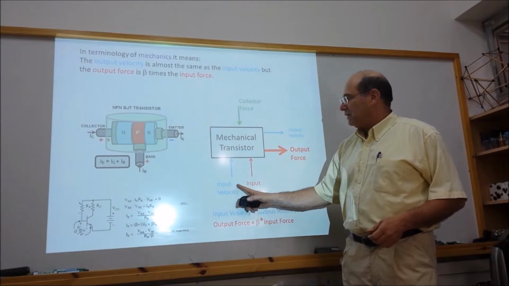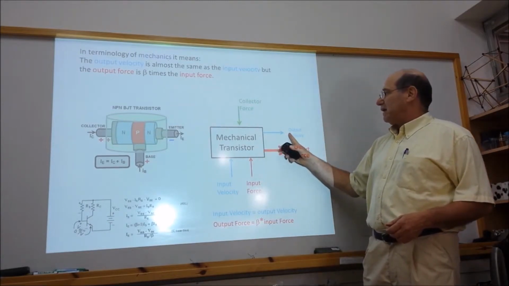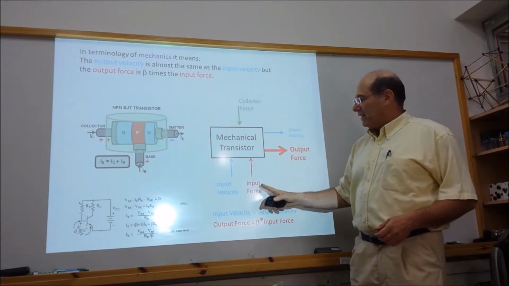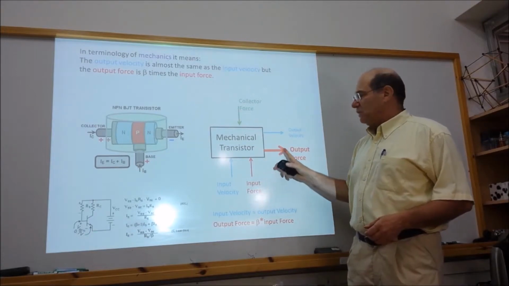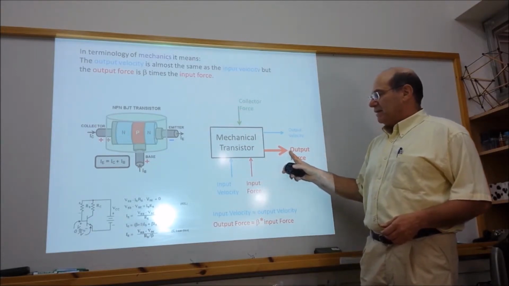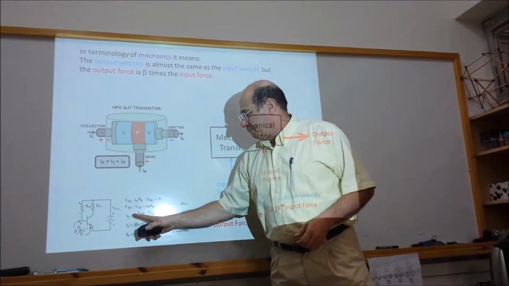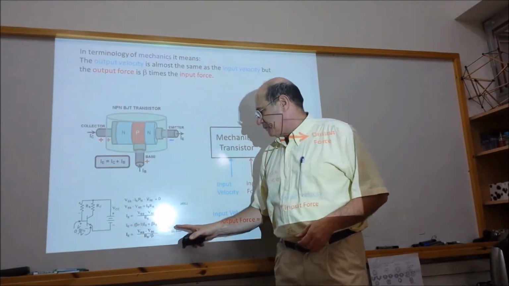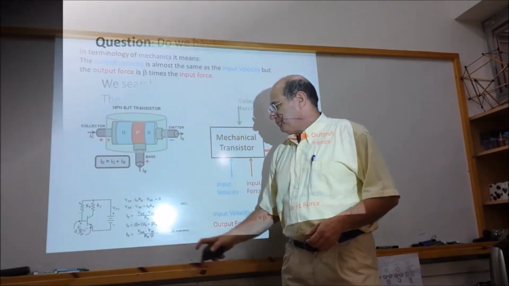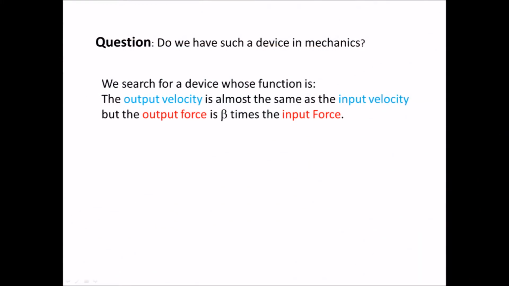The input velocity remains the same as the output velocity, while the input force is multiplied by the amplification ratio beta, which appears here. Do we have such a device in mechanics?